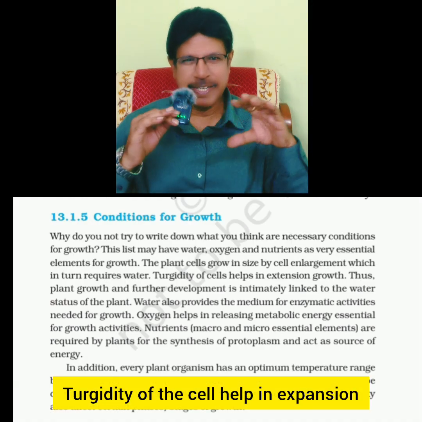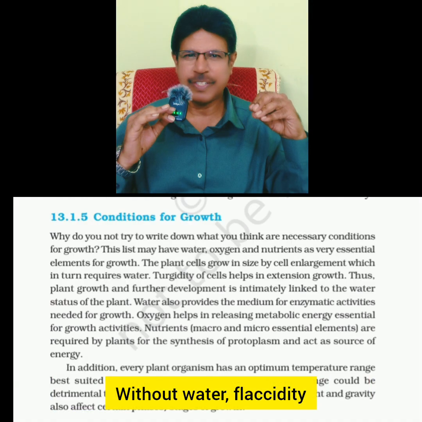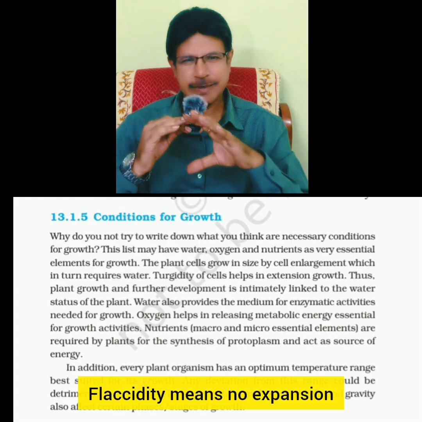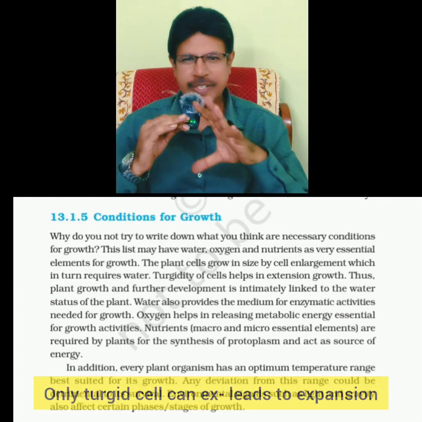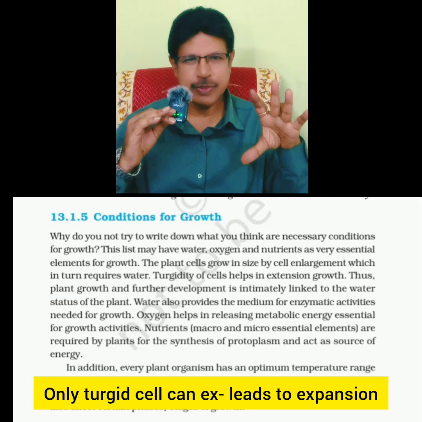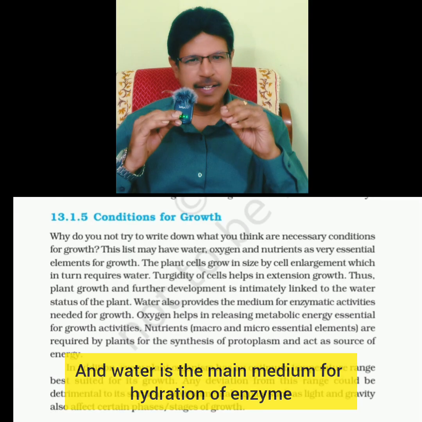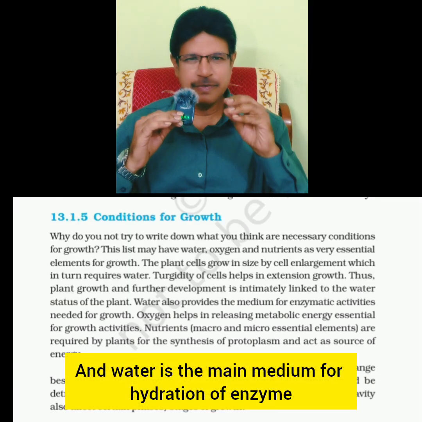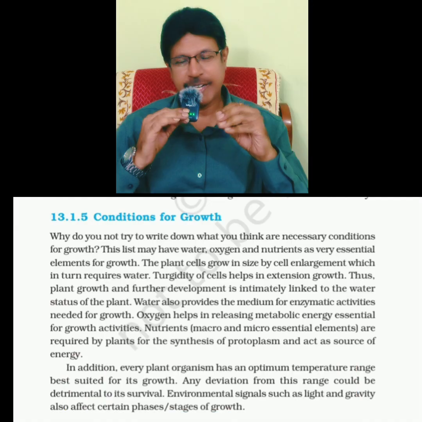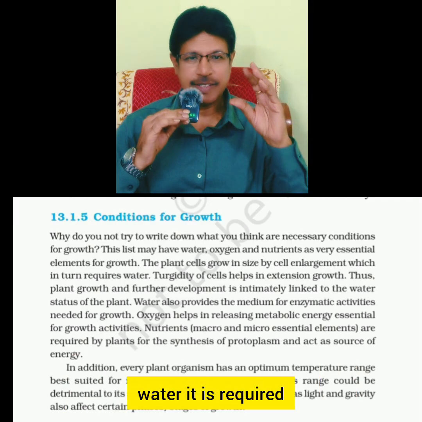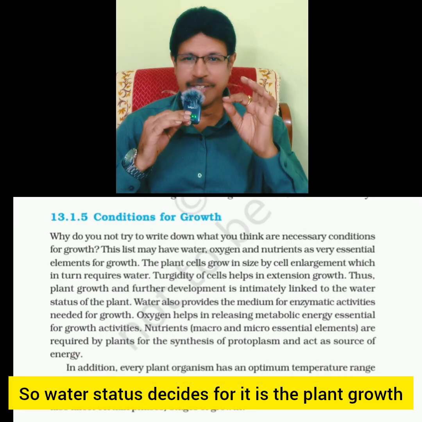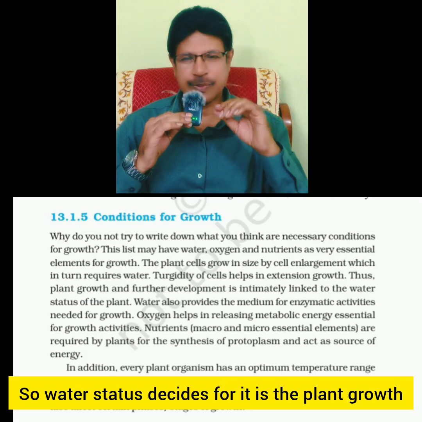Turgidity of the cell helps in expansion. Without water, flaccidity. Flaccidity means no expansion. Only a turgid cell can lead to expansion. And water is the main medium for hydration of enzymes. For activation of enzymes, water is required. So water status decides the plant growth.